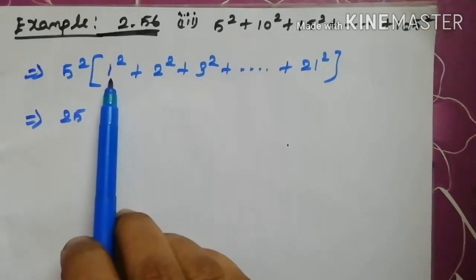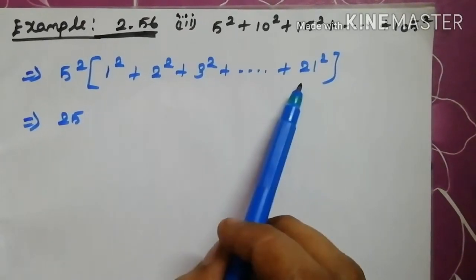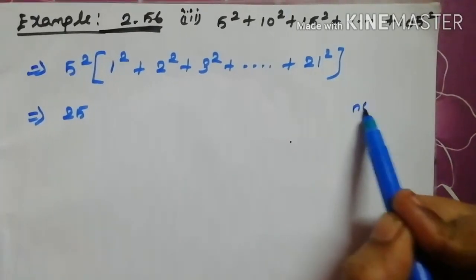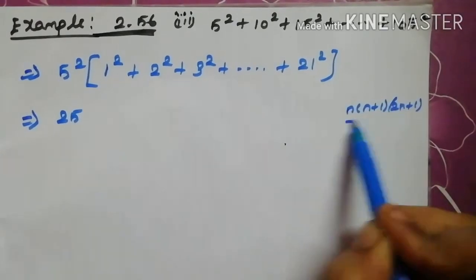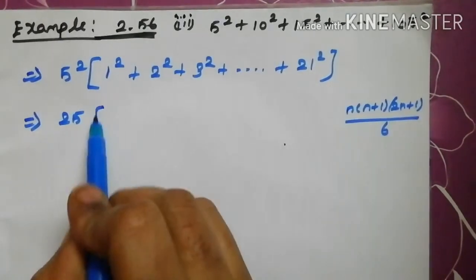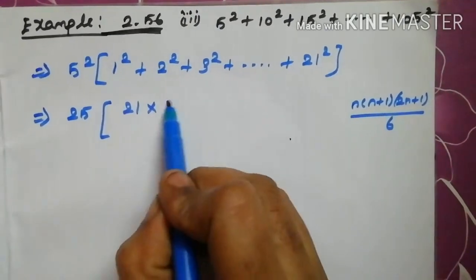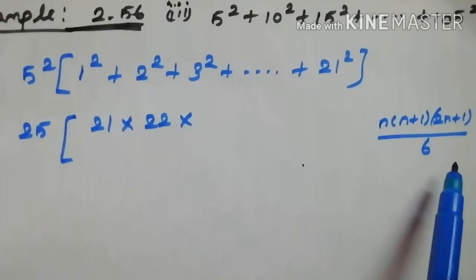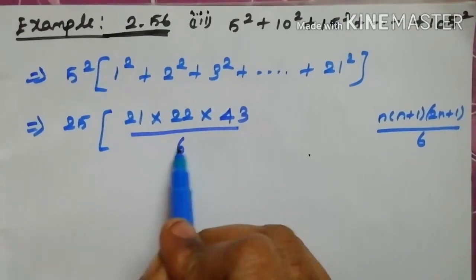Here we see this is the formula for the sum of the first n square natural numbers. We know the formula, that is n into n plus 1 into 2n plus 1 by 6. Instead of n we apply 21. So 21 into 21 plus 1, we have 22, 42 plus 1 is 43, by 6.